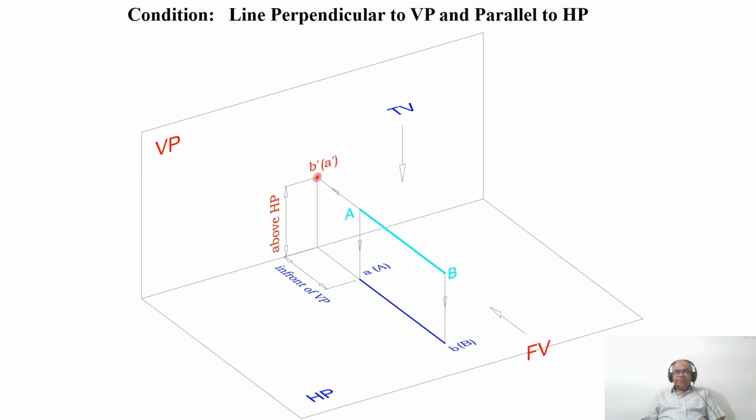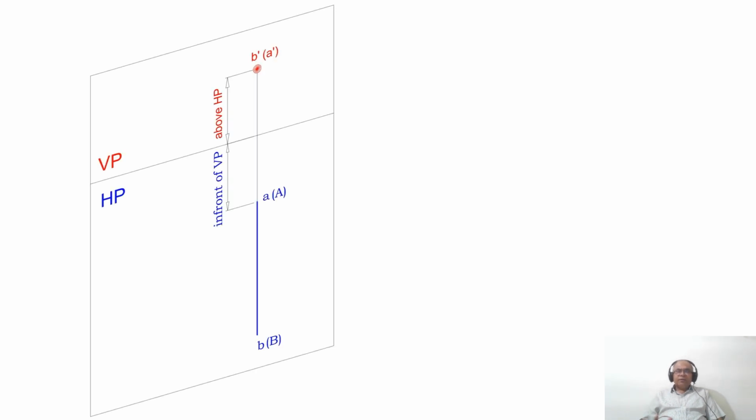So this is how you will be able to analyze the line perpendicular to VP and parallel to HP in three dimensions. Now, how can I represent it in the orthographic view? When the horizontal plane is rotated by 90 degrees, HP will come down and VP will be above. The points above HP, which are B dash and A dash, are parallel to HP, so you are getting the true length in HP. So you have capital B and capital A in brackets.